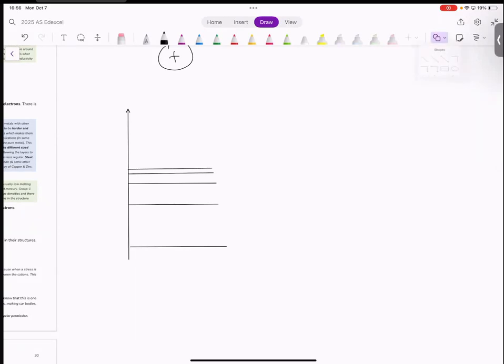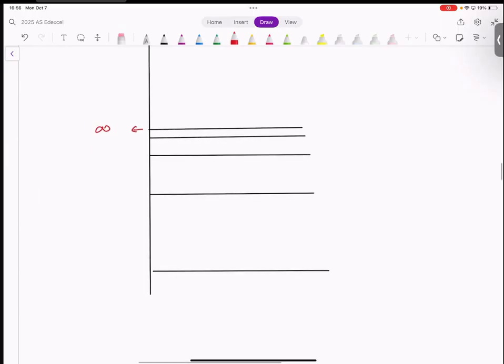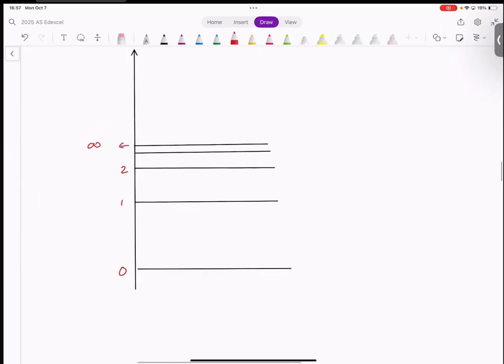You'll see they label the last line. So let me remove the last one. Let me just keep this many. They label this last line as infinity, meaning it's going further and further away from the nucleus, right? So 0, this is the ground state, this is the normal state. Then in A2 physics, when you talk about ionization energy, you just removed an electron from the atom, right?